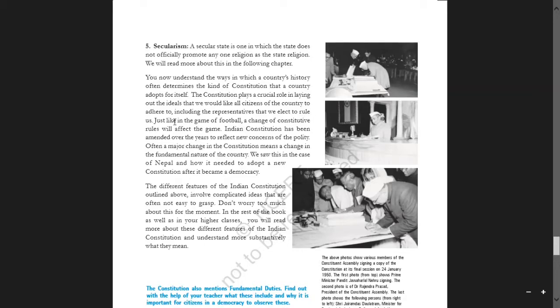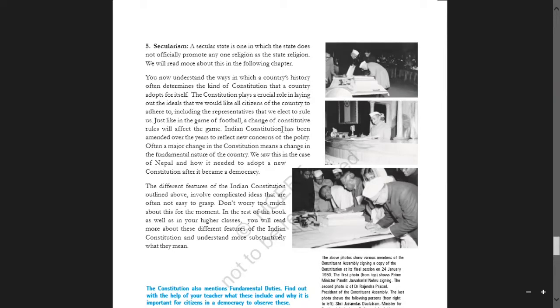Adhere means stick. And just like in the game of football, a change of constitutive rules will affect the game. We find this at the starting part of the chapter.